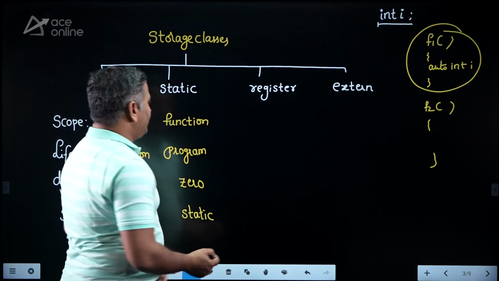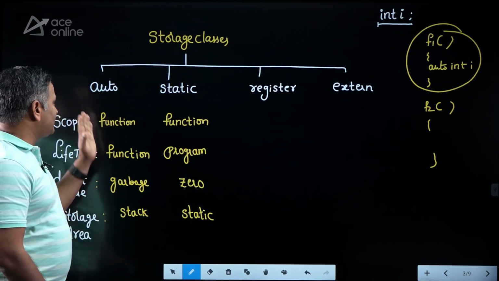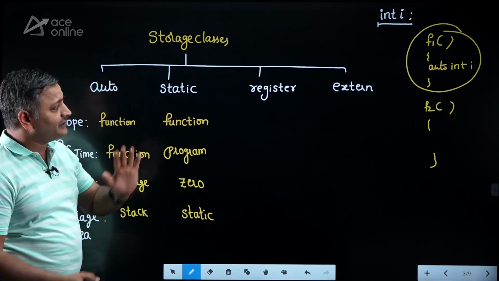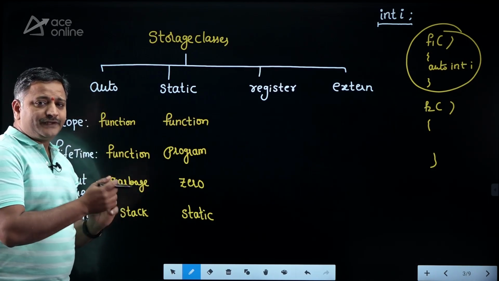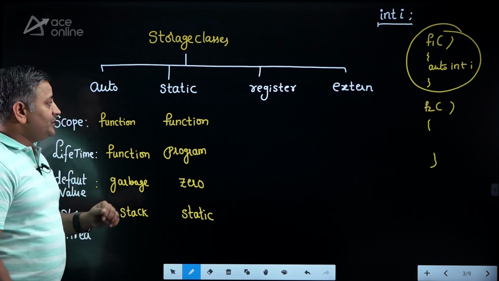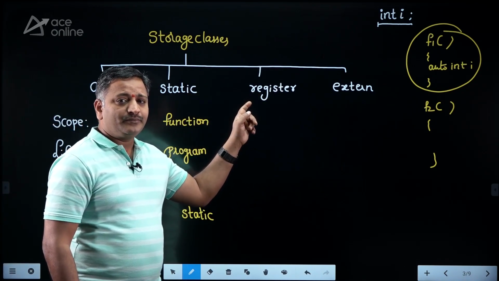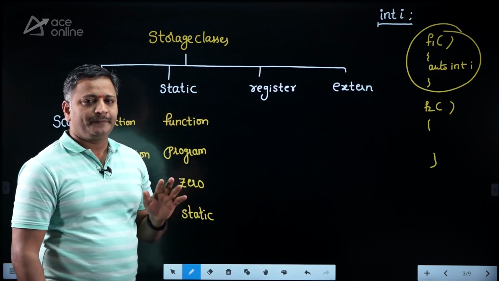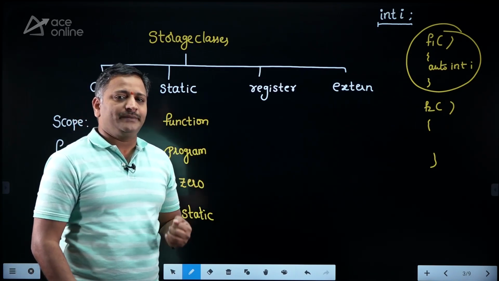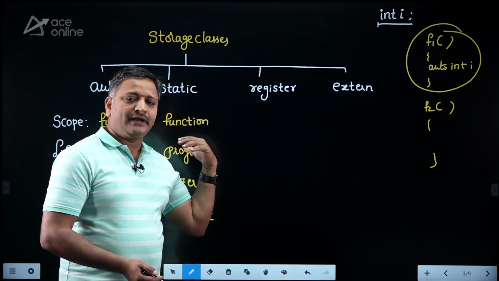Next, the register variable is the same as an auto variable. Whatever characteristics auto variables have, the same characteristics are there in a register variable. Then what is the difference between these two? Only from the accessing point of view there is a difference. If you declare a variable as a register variable, then it will probably be stored in a register if some free registers are available. If free registers are not available, again it will be stored in the RAM only.